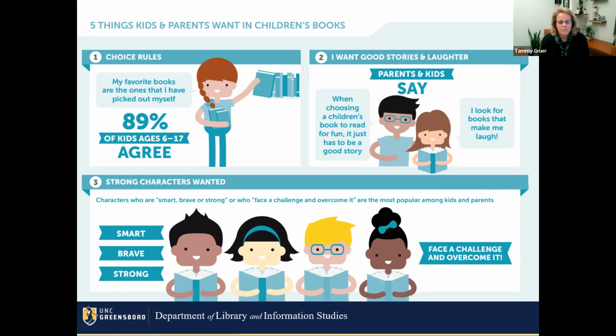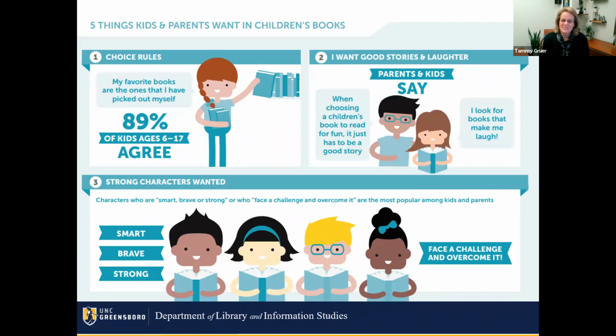The second point on this infographic was, I want good stories and laughter. Parents and kids say that when they're choosing children's books for fun, it just has to be a good story. Some children just want to laugh. Think about the kinds of movies you like to watch. Do you want to cry every time, or do you want to laugh some?